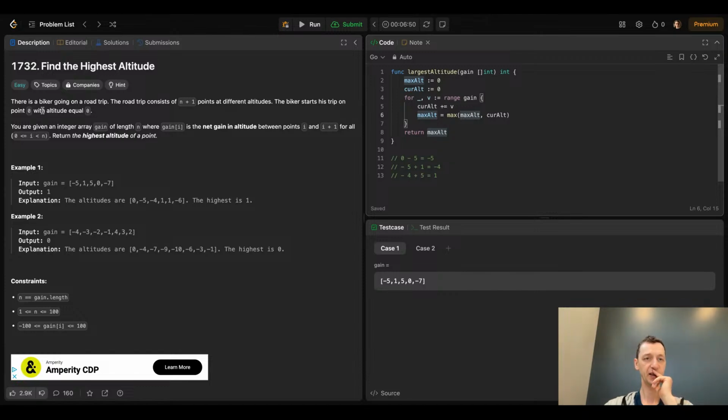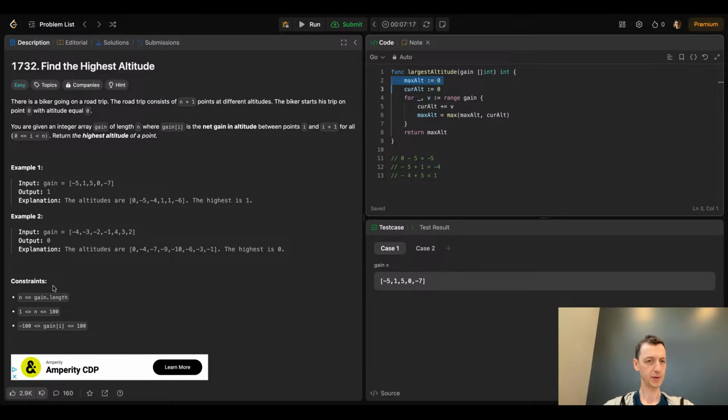So if this is the maximum that we will ever get, then we'll return that. What if the trip is all going downhill?